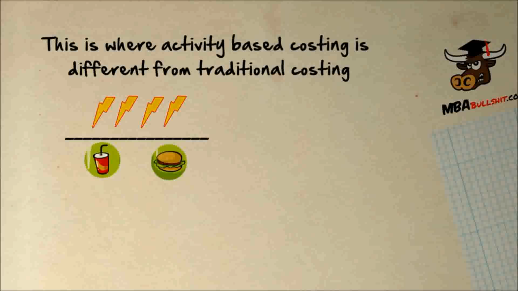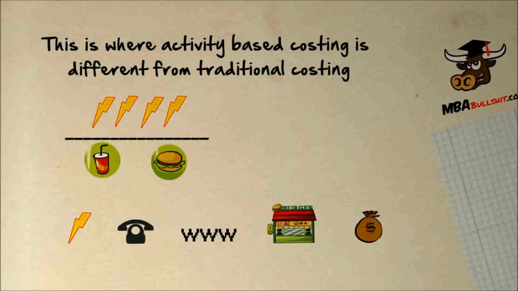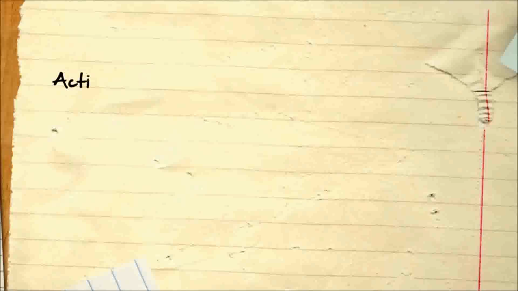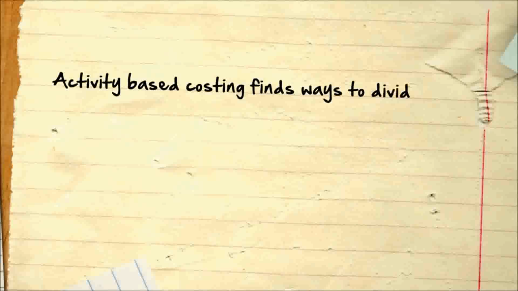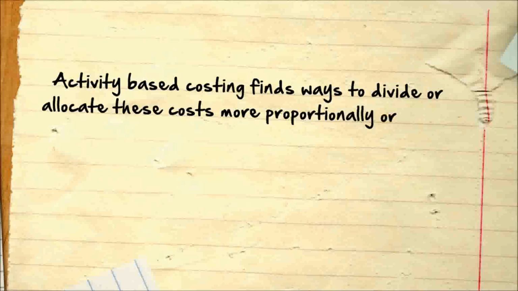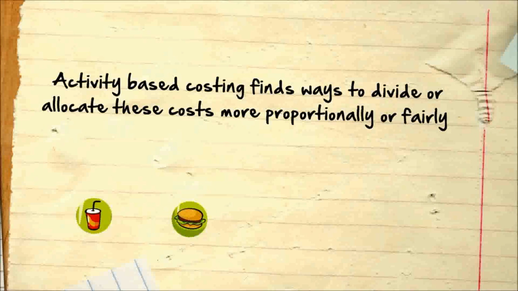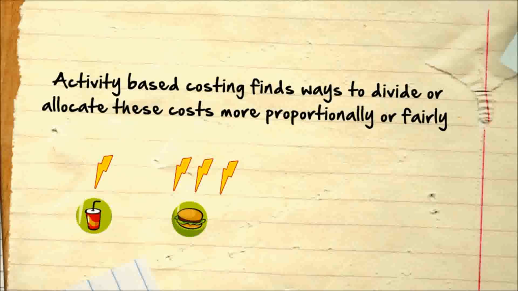These are usually costs which are a bit difficult to divide or allocate between products, such as electricity, telephone bills, internet usage, rent, salaries, and others. However, activity-based costing finds ways to divide or allocate these costs more proportionally or fairly, so that we can write down a higher cost for items or products which use more of the stuff related to cost.